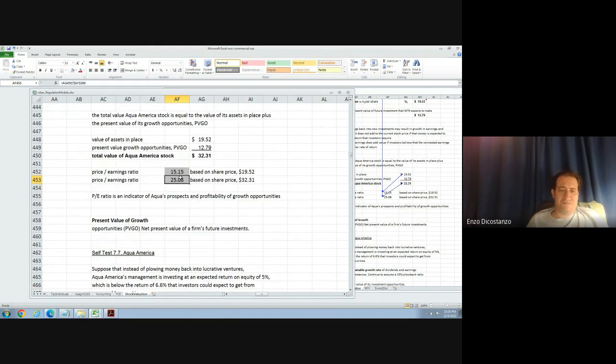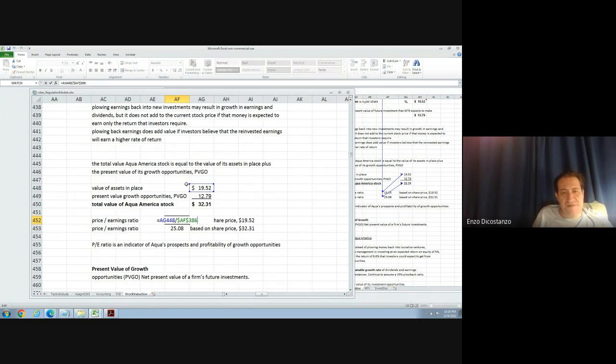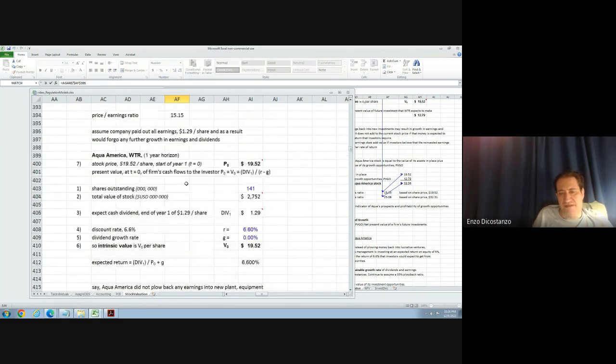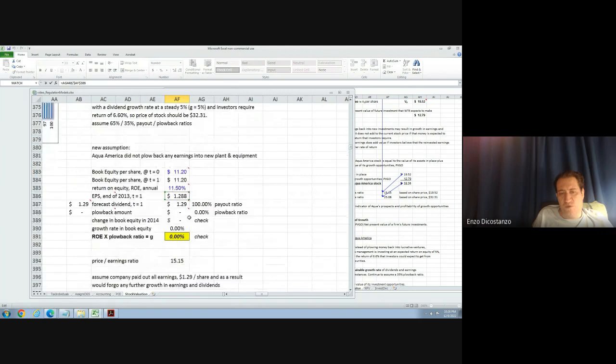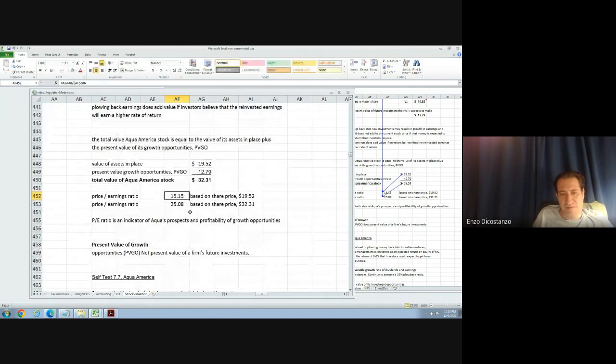And this is just PE based on our different valuations. It says based on the $32 share price, based on the 19. So this is just based on the earnings per share and what you're paying in price for that 1.29 of earnings. That's all that really is.